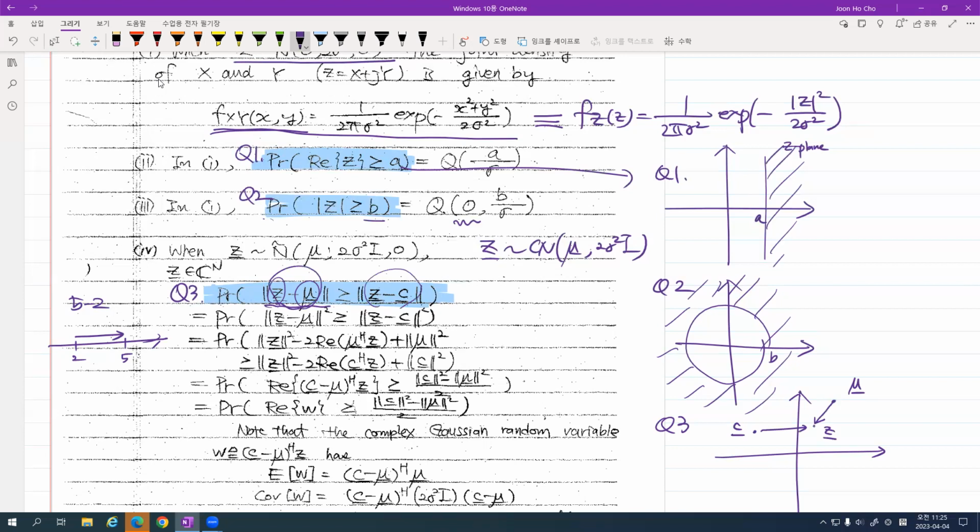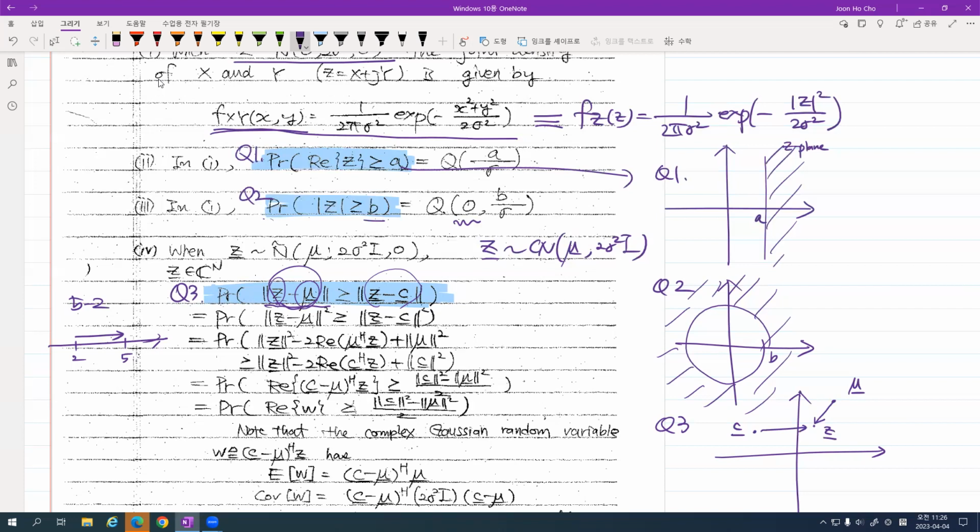Now you compare the length of these two vectors. z is included in this event if this inequality is satisfied, which means z must be further from mu than c.